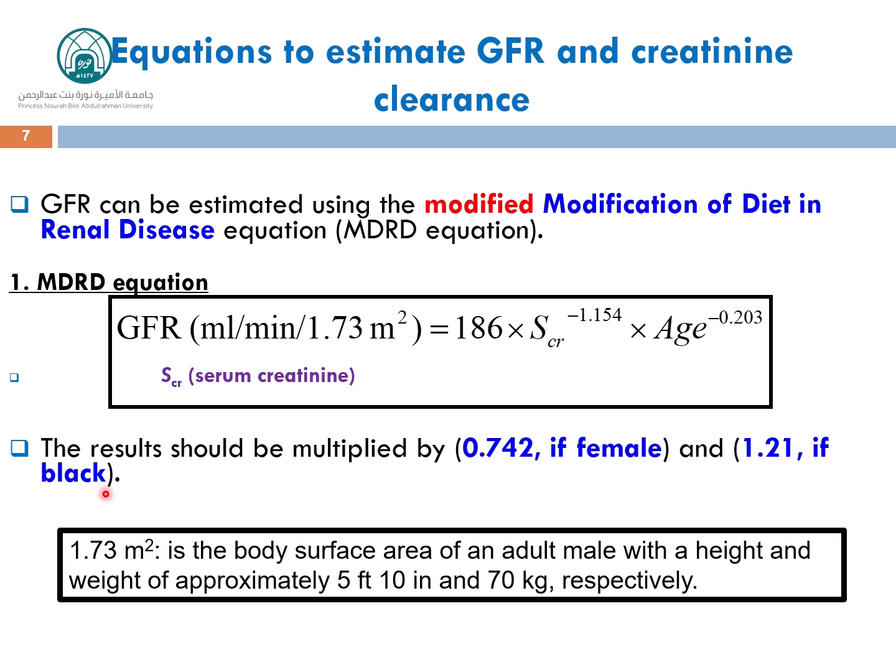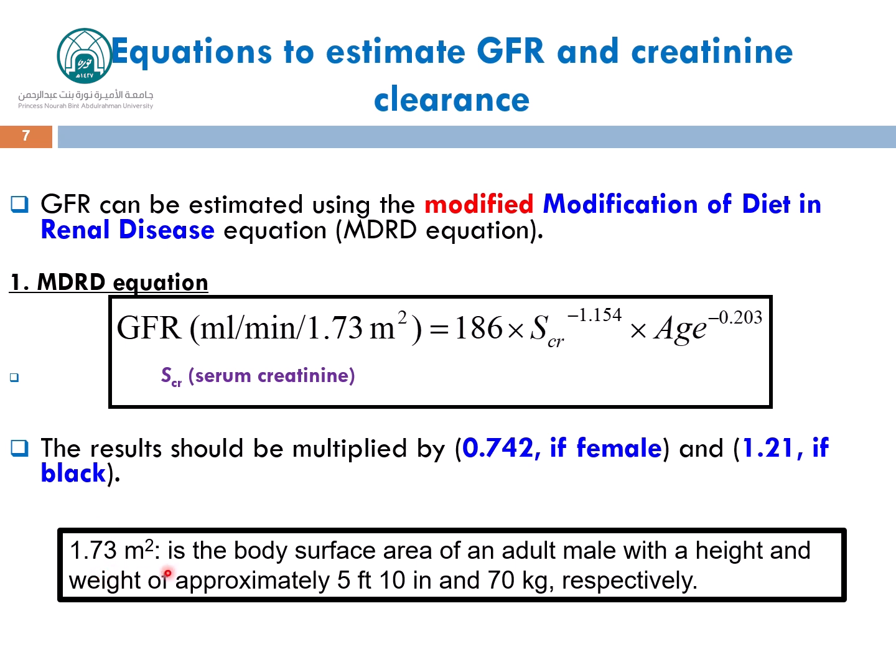Because naturally the GFR value for a female is 74.2% of that of the male. It's less than that of the male. For black people, it will be higher. You will multiply the value by 1.21, so it is 21% more than the normal value for the adult male.